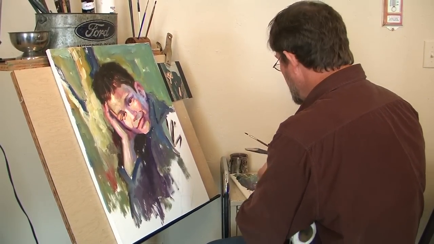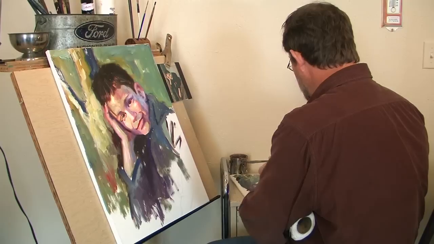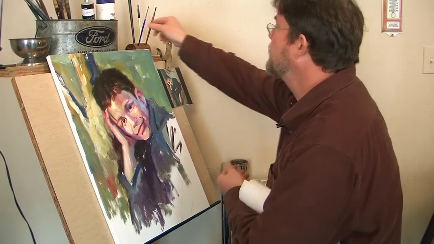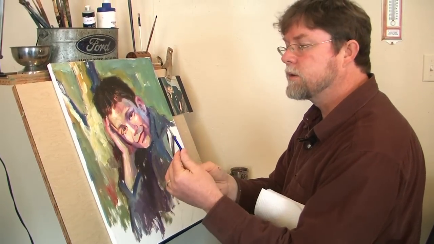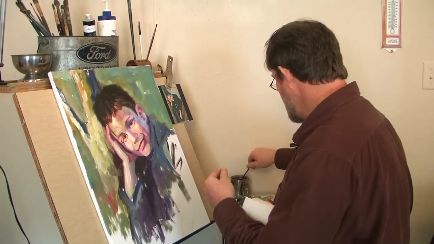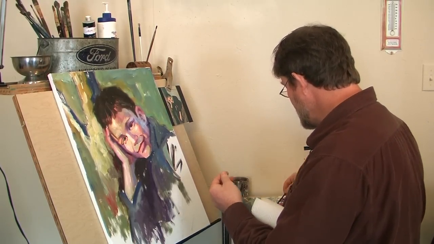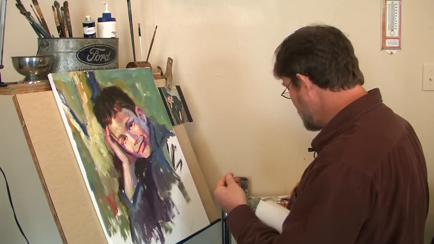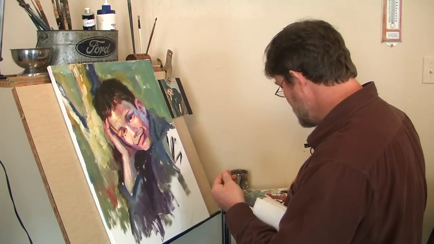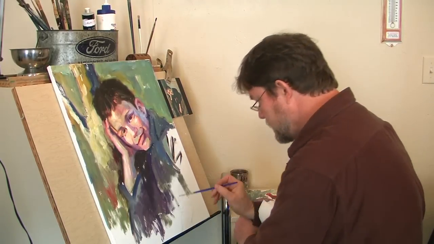and we could even sign it. I'll go ahead and sign it. I like to use this liner, or this is a rigger brush. And I'll just mix up some real thin paint. And I'm going to sign this.